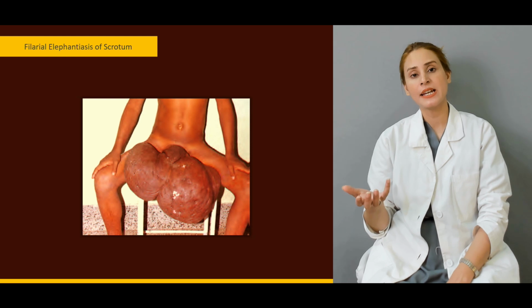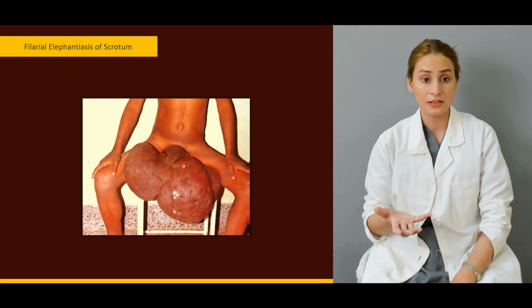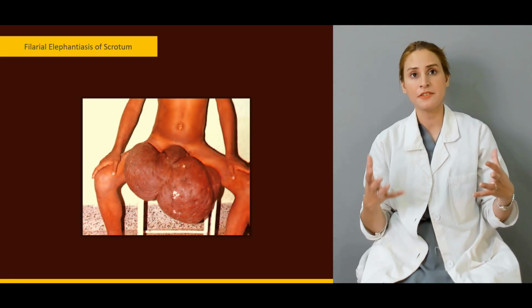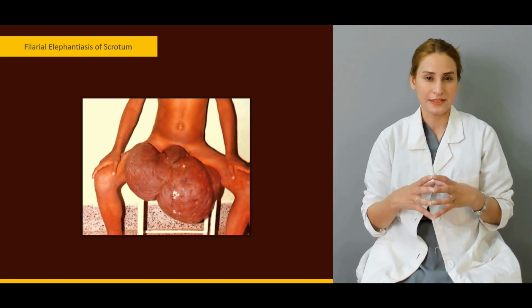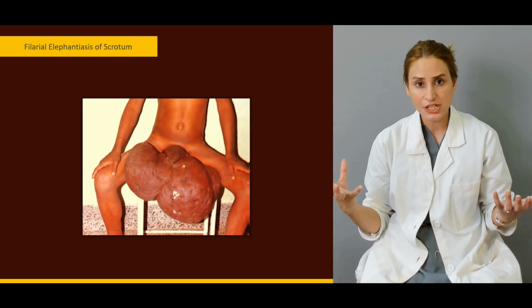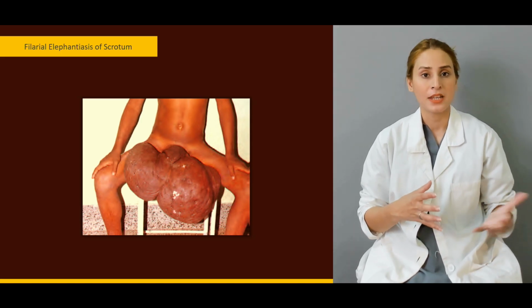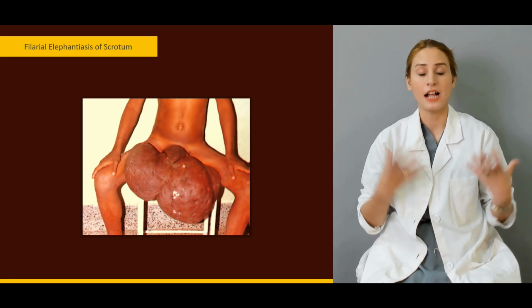Another important condition of the scrotum is filarial elephantiasis of the scrotum. With elephantiasis, the skin is enlarged and there's a large cellular swelling, and the skin gets thickened and scaly, like the skin of an elephant.